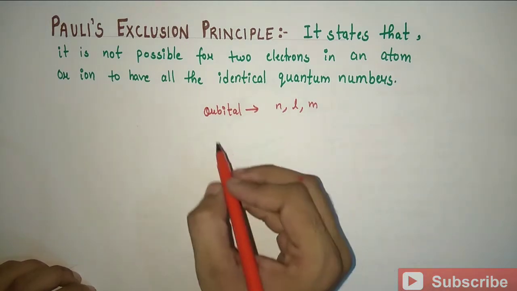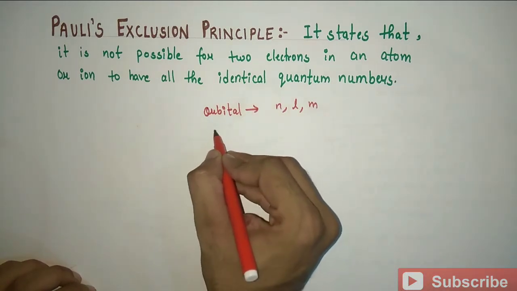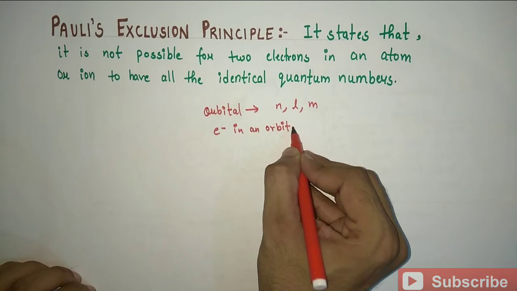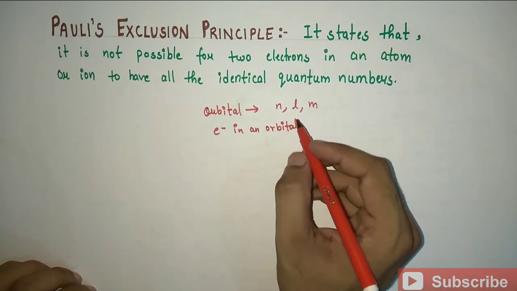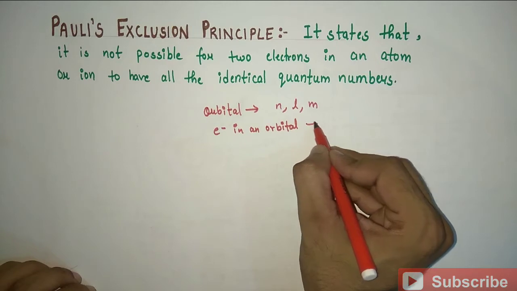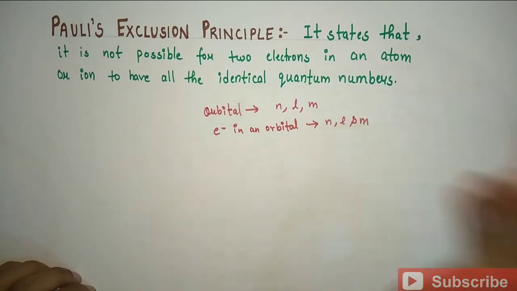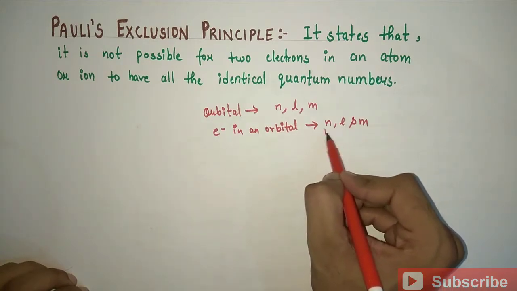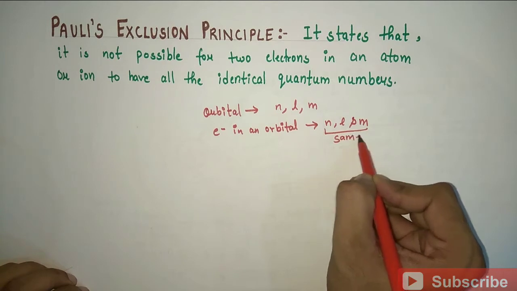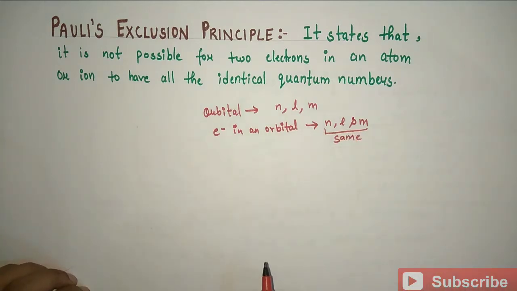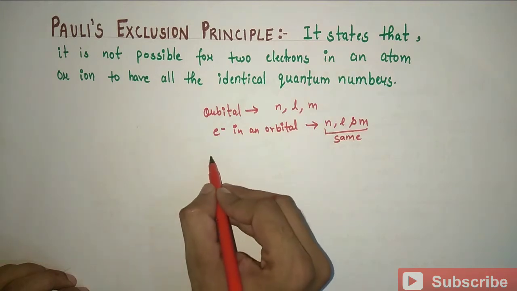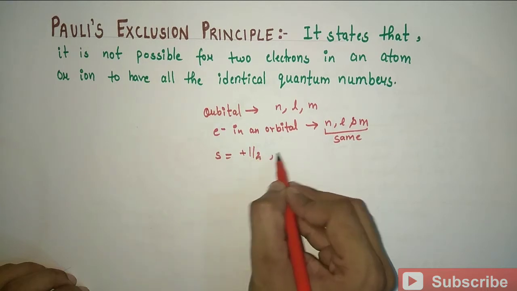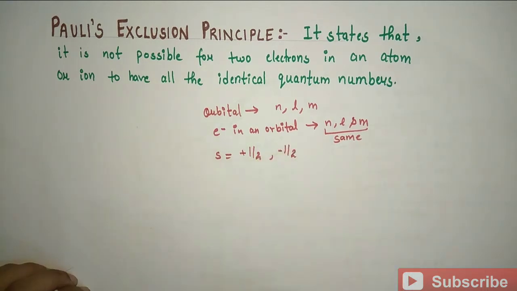Since an electron in an orbital must have the same values of n, l, and m, it follows that it can have two values of s, either plus half in the clockwise direction or minus half in the anti-clockwise direction.